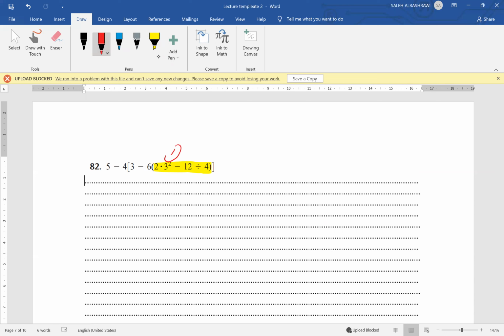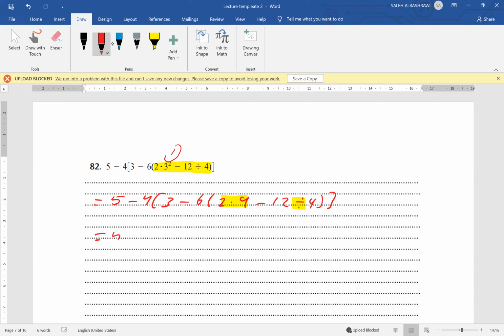3 to the power 2 is 9. So I will write it as 5 minus 4 multiplied by 3 minus 6 multiplied by 2 times 9 minus 12 divided by 4. Now I have multiplication and division. Multiplication comes before the division in this order from left to right.